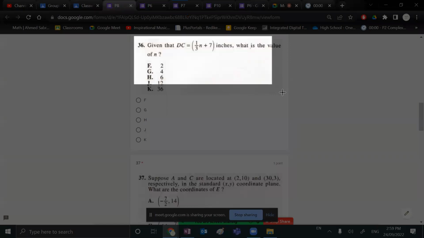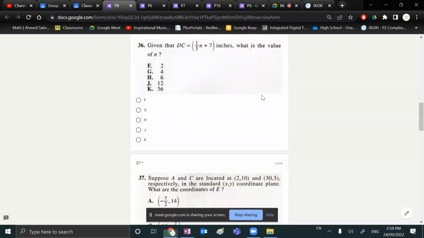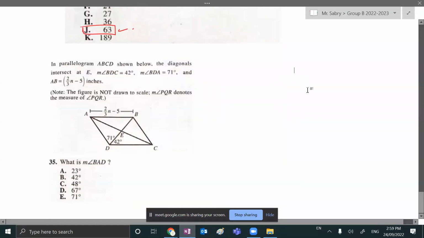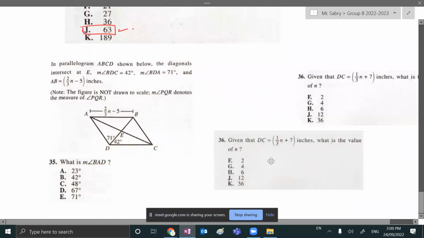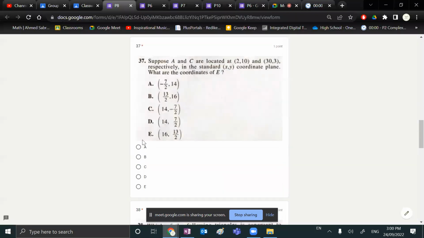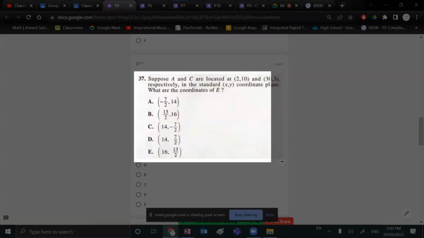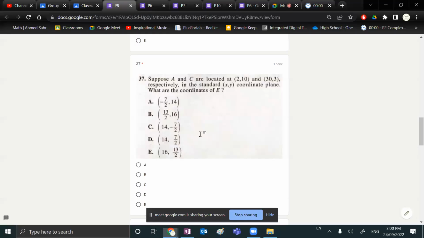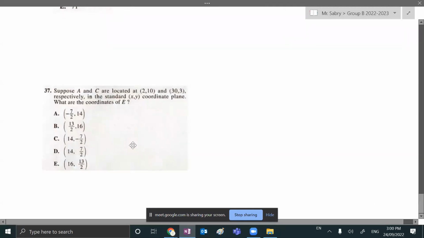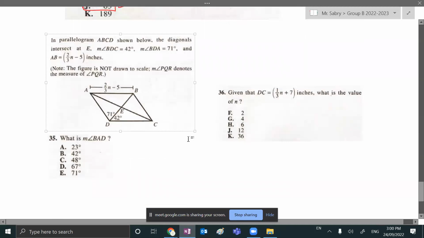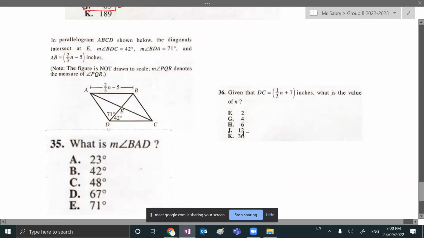Given that DC is equal to a specific value of n, you're asked to find that as well. And then on the same shape, they just told you suddenly, suppose that this is an XY plane, and start trying to get the distances and so on.